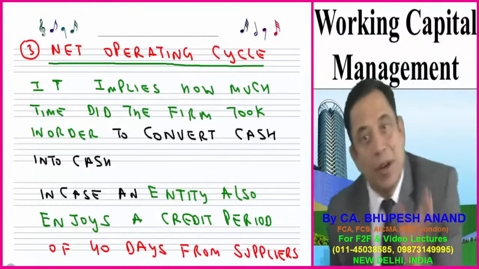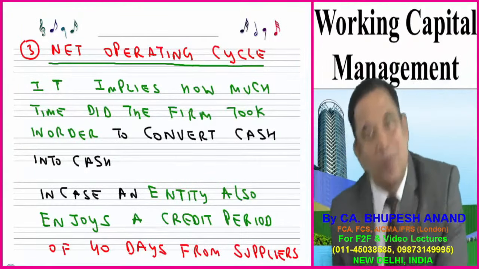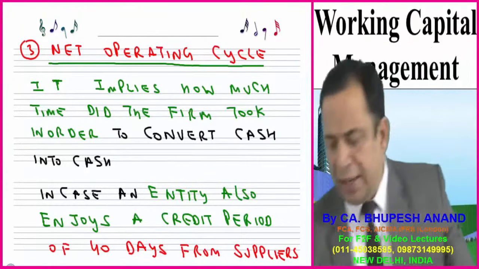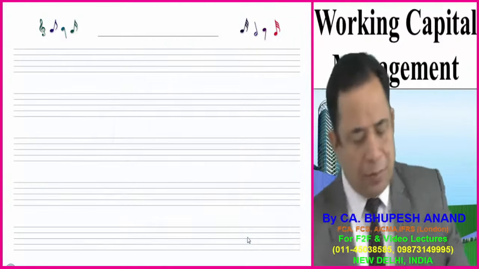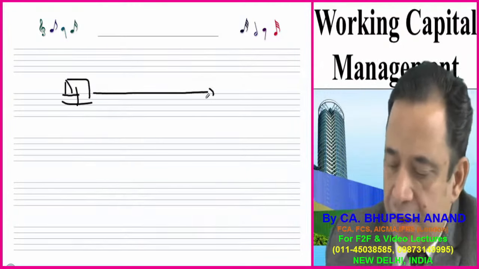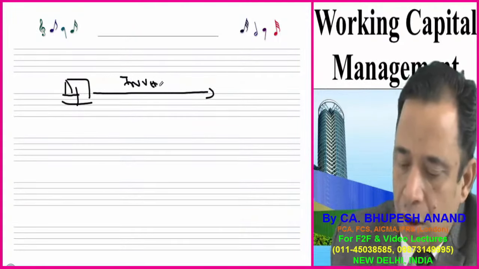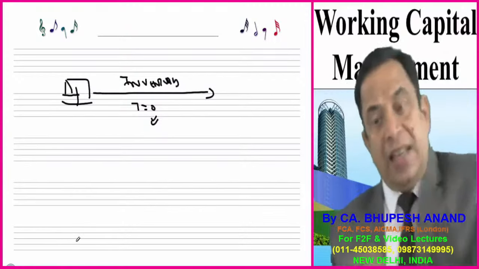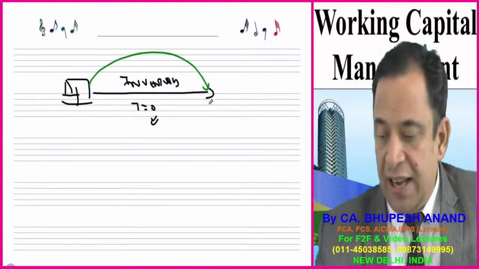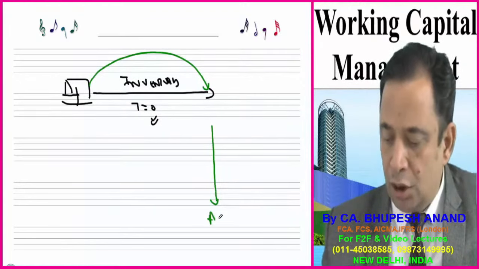I want to tell you a new concept named net operating cycle. What is the meaning of net operating cycle? For that, I first want to explain something. In reality, this entity has purchased inventory, and if the company has paid cash at T0, then after paying cash they purchased inventory and converted it into accounts receivable.